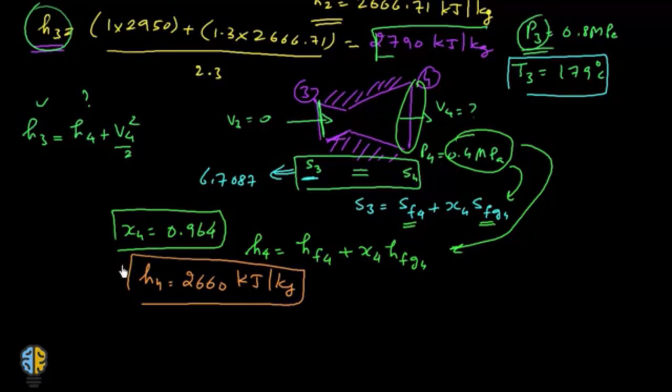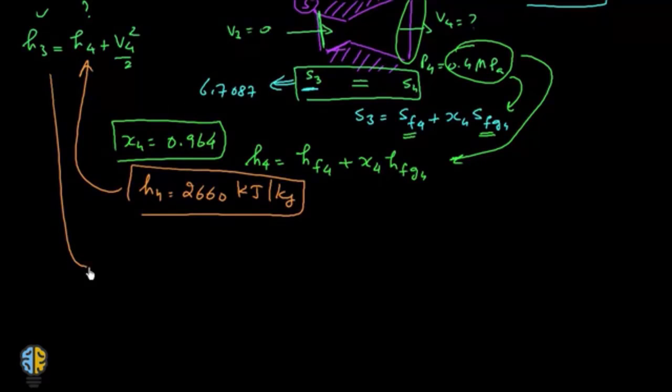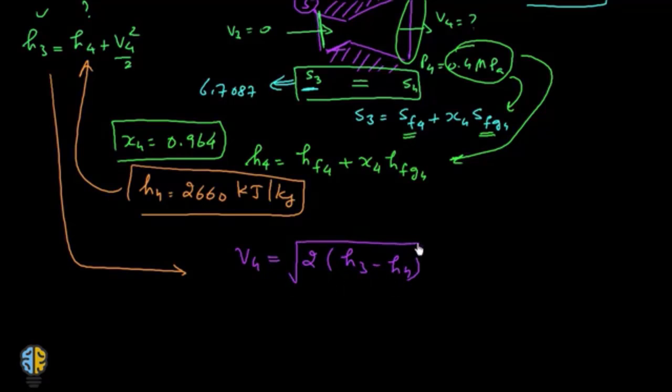Now if you put it in the steady flow energy equation, I can easily find out the velocity at the exit. Velocity at 4 would be equal to the square root of twice into H3 minus H4. This would be about 509.9 meter per second. So this is how you solve this question.